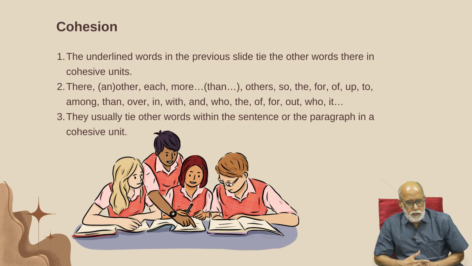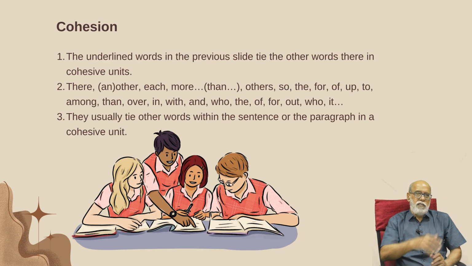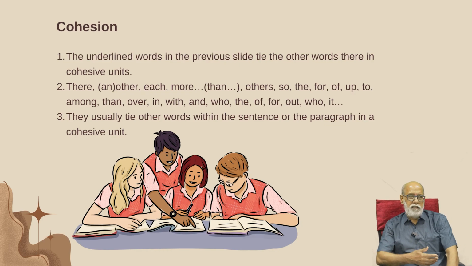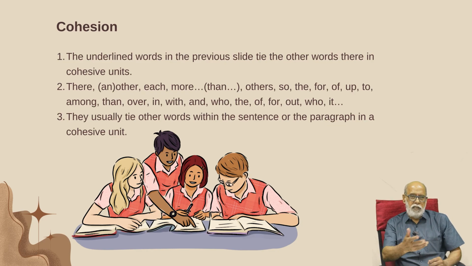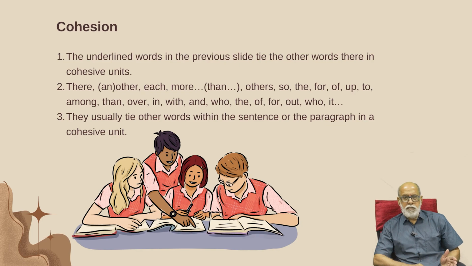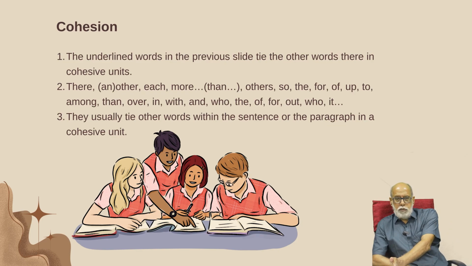And what elements perform this bonding function, this coherence, cohesive function? The cohesive function is done by words like there, other, each, more than. They work at the higher level, more than at the sentence level. So, you can say more than X, more than Y, less than X, less than Y. You can say it is very hot, so do not go out.